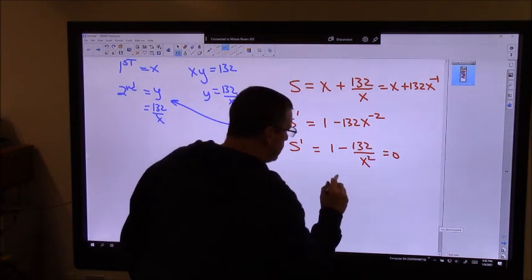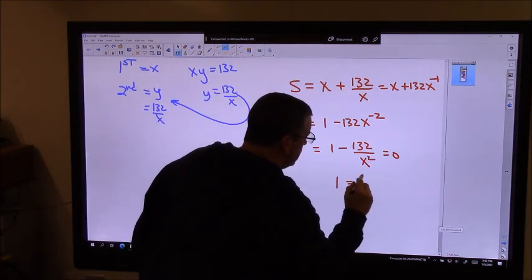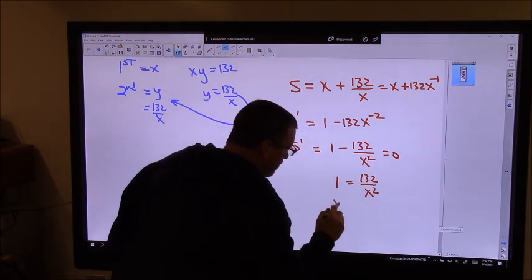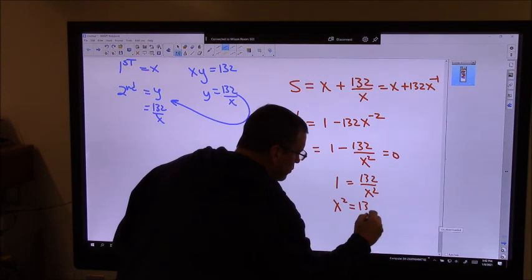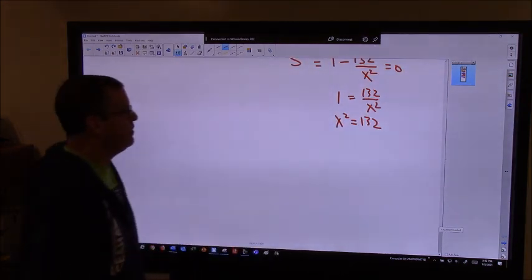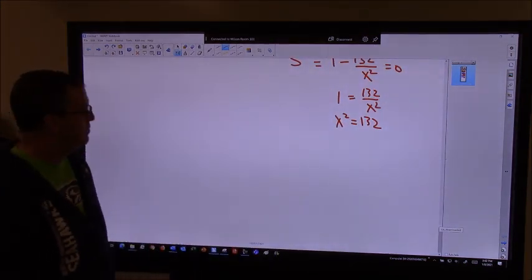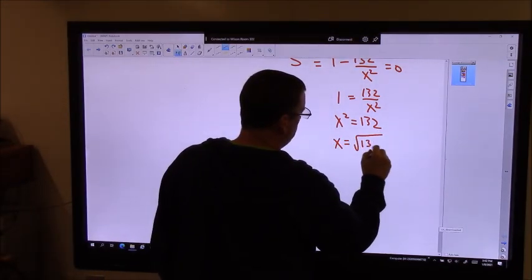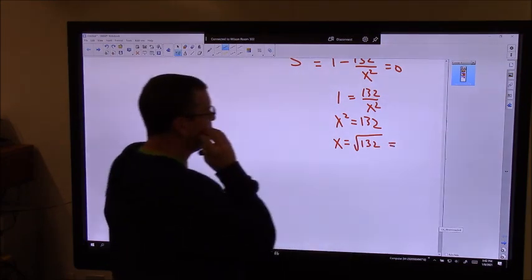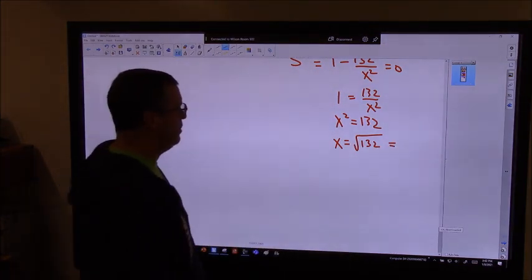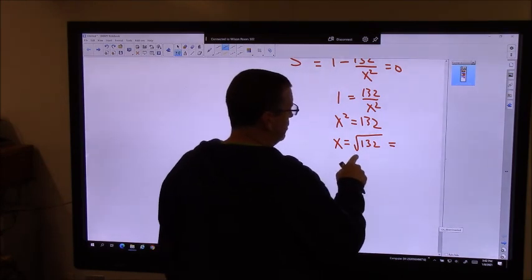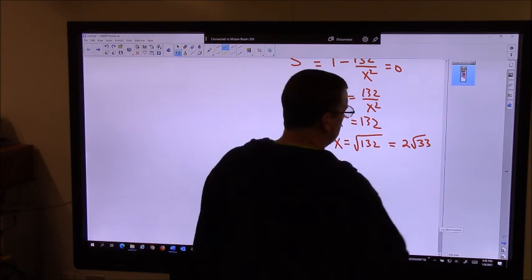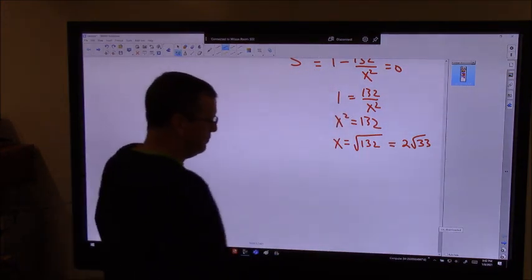So I'll move this to the other side, and I'll get 1 equals 132 over x squared. I'll then bring this over, so I've got x squared equals 132. And now I need to take the square root of that. So x equals root 132, which if I simplify that, let's see, that's going to be 2 times 66, which would be 2 times 33. That's going to be 2 root 33, right? There's my number.